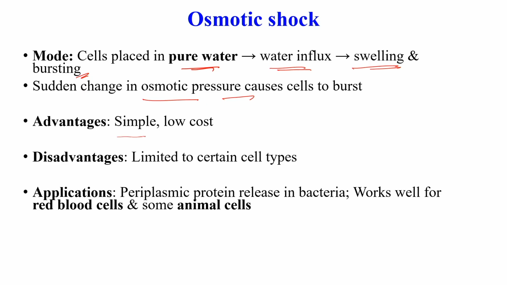It has certain advantages, like it is a simple and inexpensive method, but the disadvantage is that it is limited only to certain types of cells. It is applied for periplasmic protein release in bacteria, and works well for red blood cells and some animal cells.